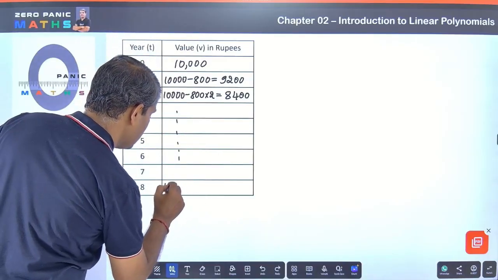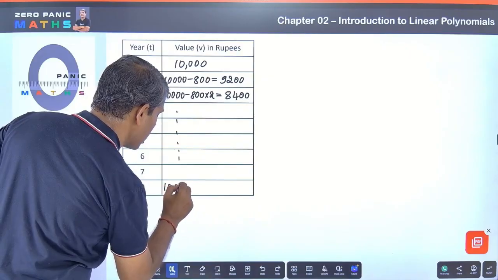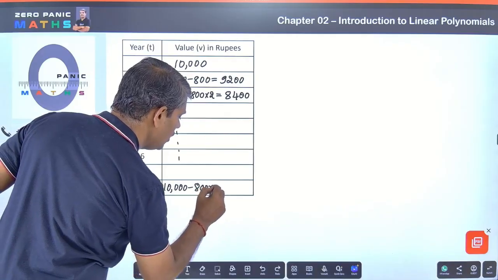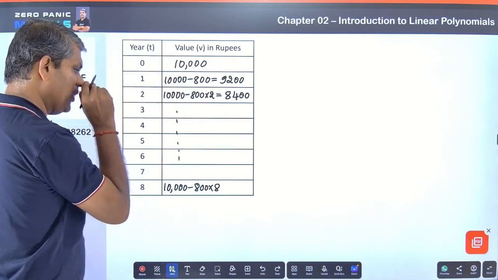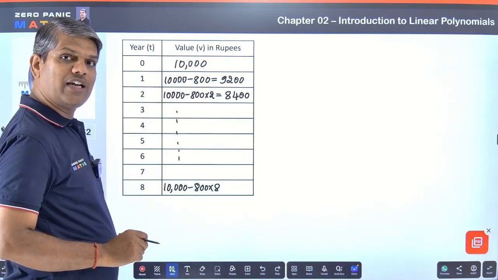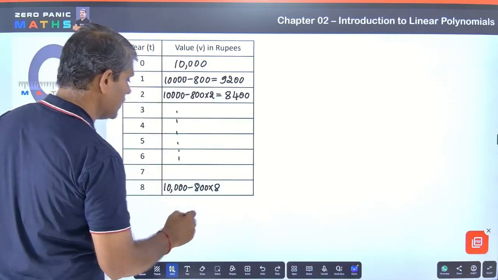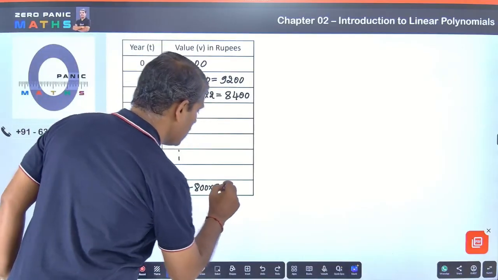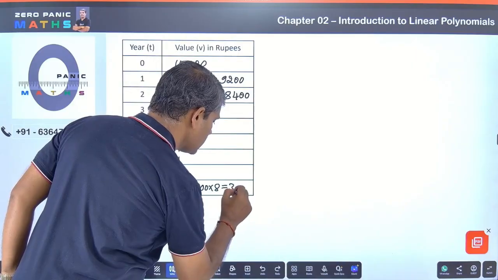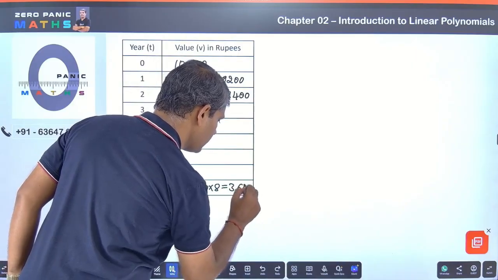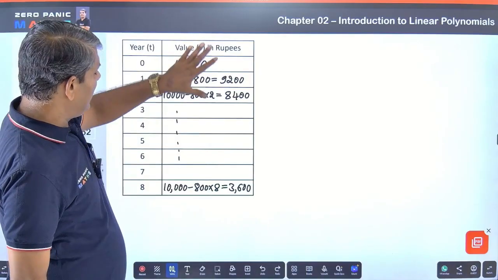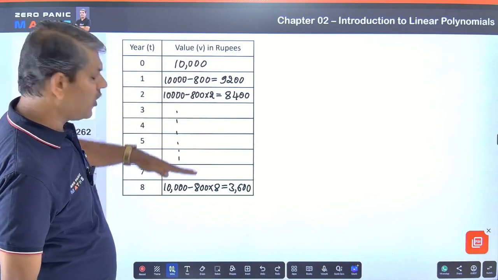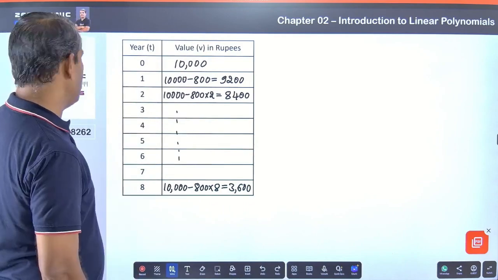Finally, when we reach the 8th year, 800 into 8 is 6400. When you subtract 6400 from 10,000, the value that remains is 3600. So let us fill the table by calculating for every year. Hope you will fill that.